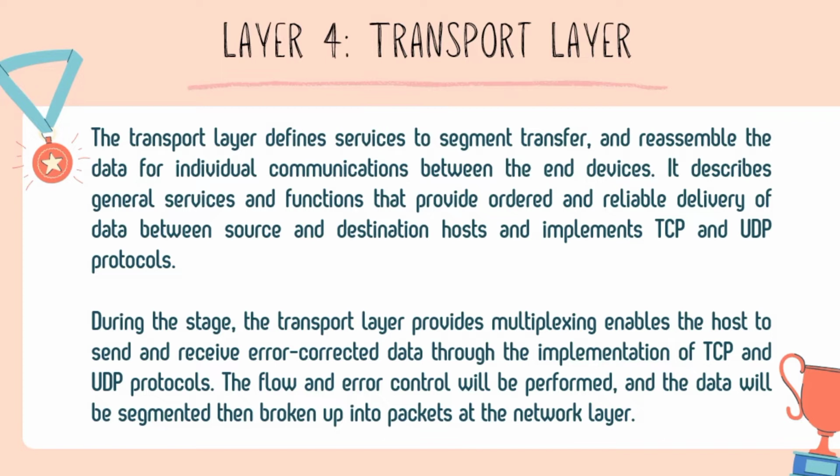It is an end-to-end layer used to deliver messages to a host, and it is termed the end-to-end layer because it provides a point-to-point connection rather than hop-to-hop. That transport layer works between the source host and destination host to deliver the service reliably.